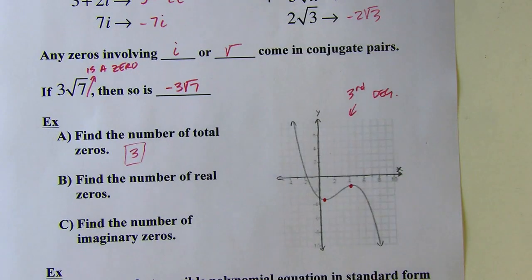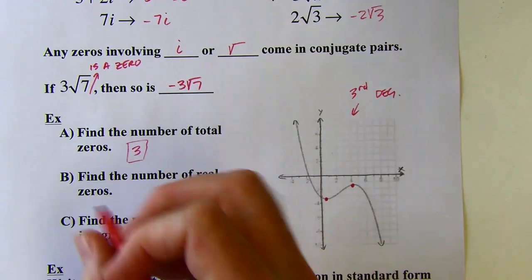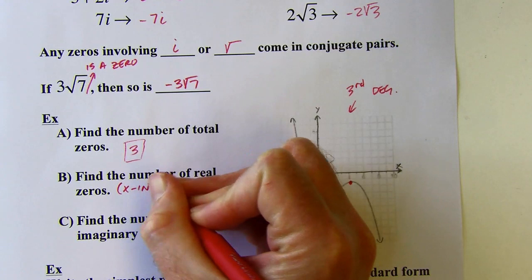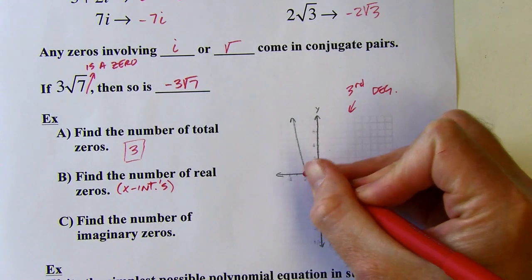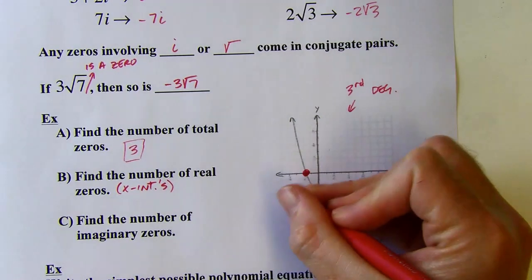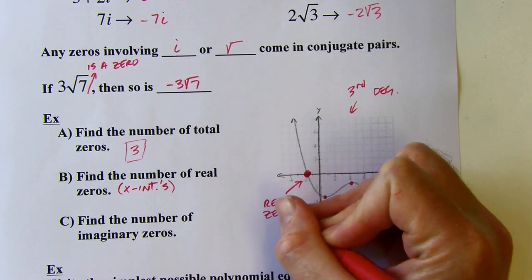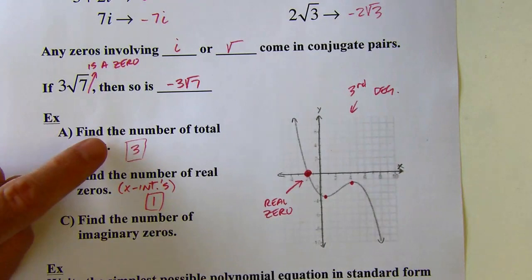Okay? Now, the real zeros are going to be the x-intercepts. Okay, so just looking at the graph, hey, there's only one real zero right there. So that means there's one of those. Okay, but wait a second, we said there's 3 total zeros.